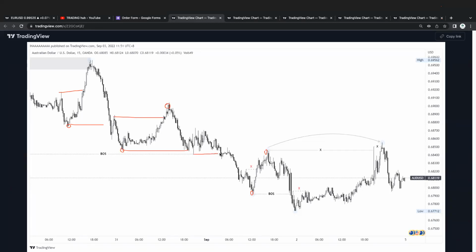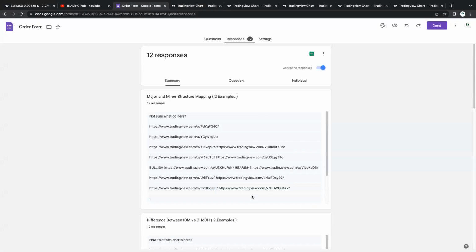Save the liquidity, next attempt, close profit, taking out the inducement and structure, something like this, possibly downside.